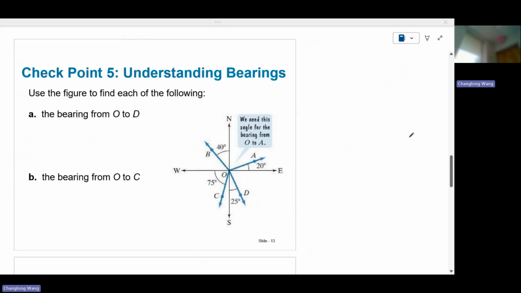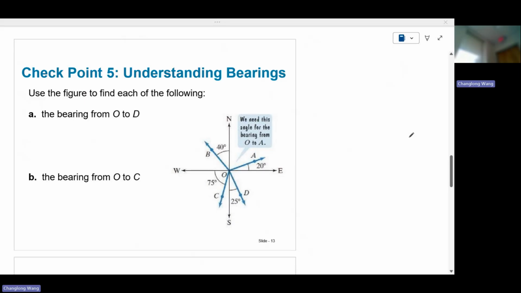So basically, we need to find a reference direction, and it's going to be the north-south line. Let's say I'm standing at this point O, facing straight north, and I see an object to my right, about a 40-degree angle to my right. If I'm facing north, to the right is east, to the left is west, and backwards is south.